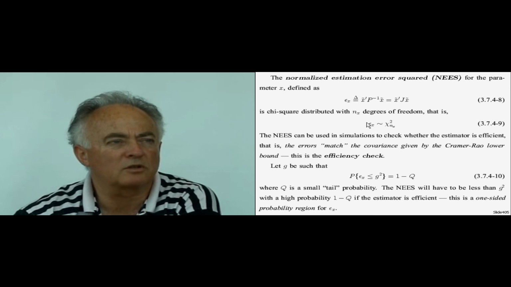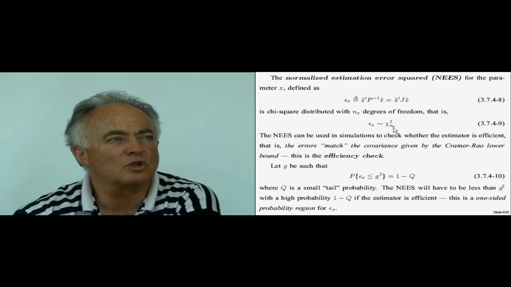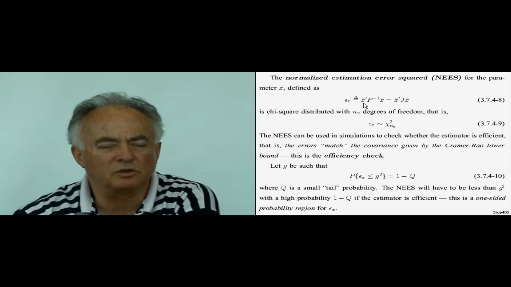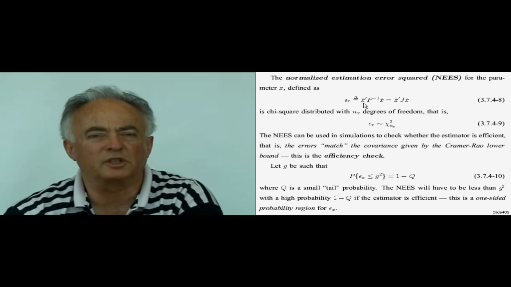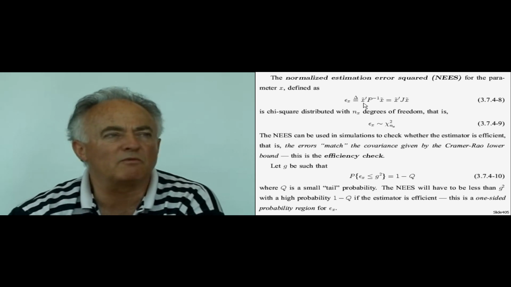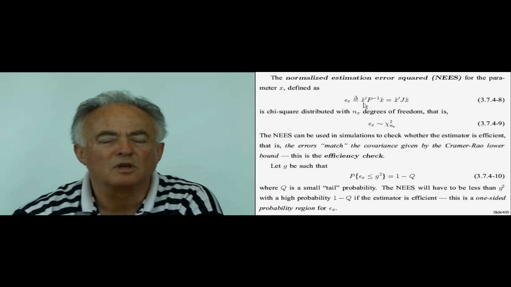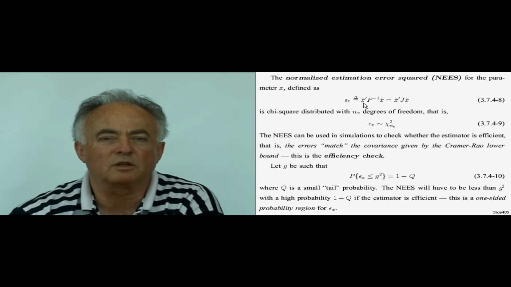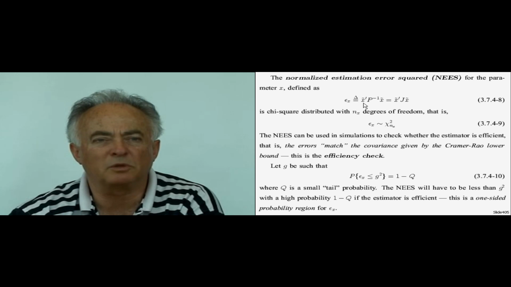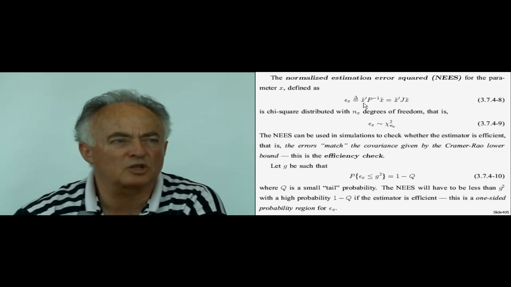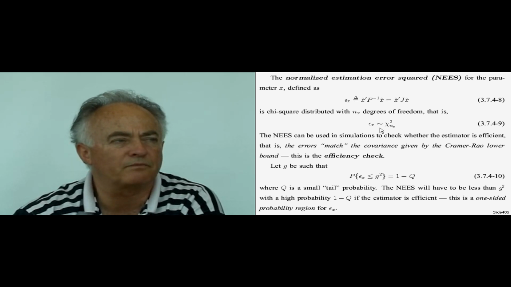This epsilon x is chi-square nx, and this is the normalized estimation error squared. It is a Gaussian random vector quadratic form with respect to the inverse of its covariance matrix. This can be shown to be exactly the sum of nx zero-mean, unit-variance, or standard Gaussian random variables squared. So it is chi-square with nx degrees of freedom.